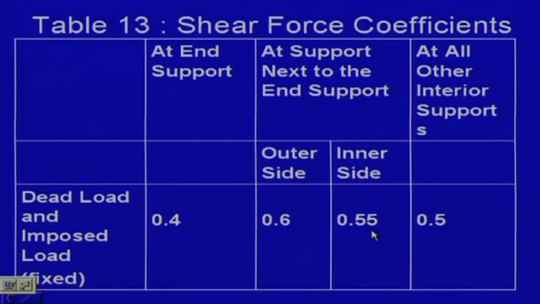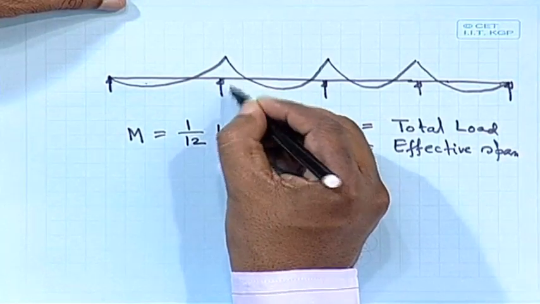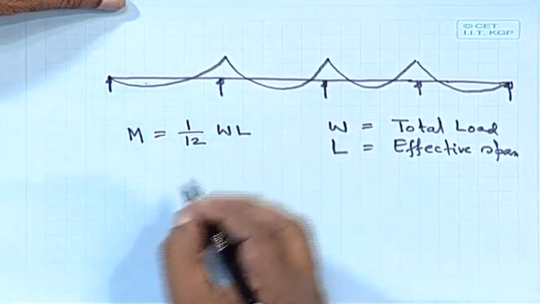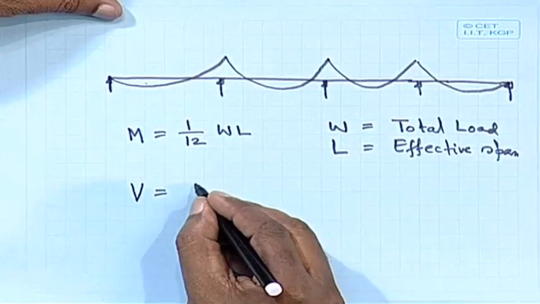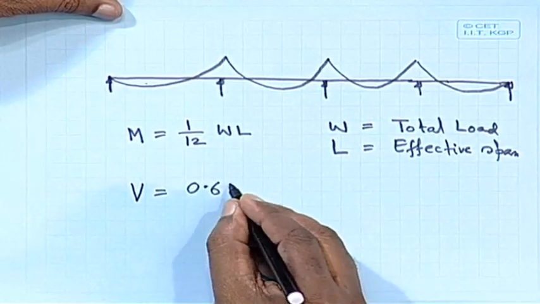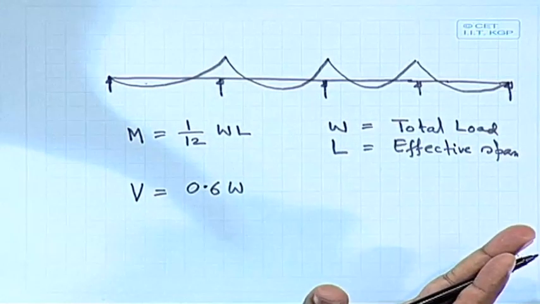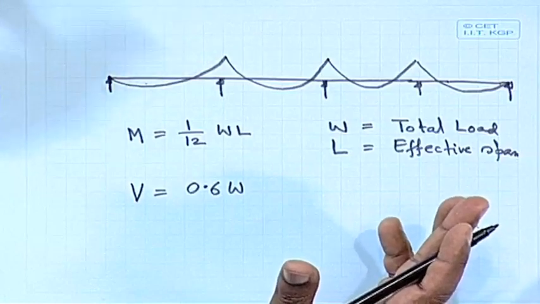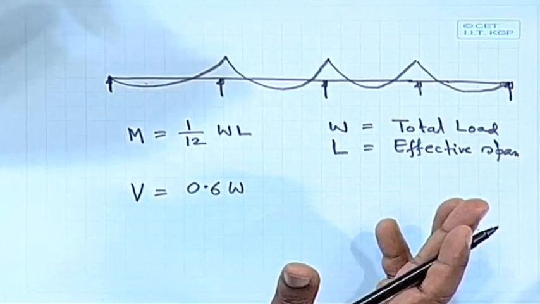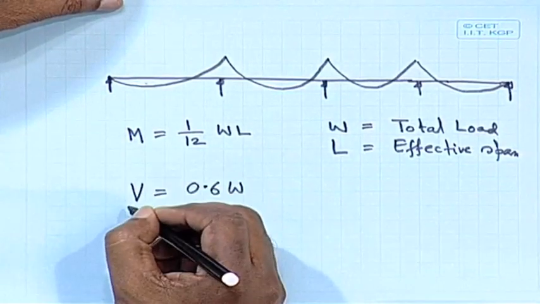There V will be 0.6 W, where W is the total load. For a simply supported beam it would be W by 2, that is 0.5. Instead we have 0.4, 0.55, 0.5, 0.6 and so on, so we get moment and shear force.